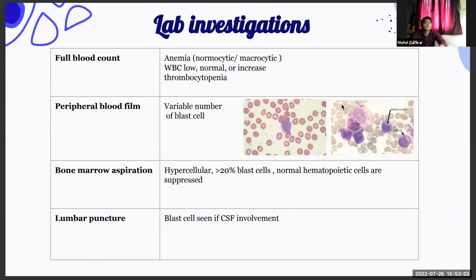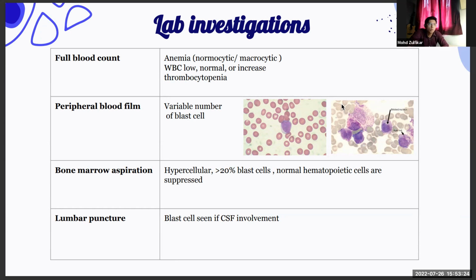So let's discuss the lab investigations that are important to help us diagnose leukemia. The first one is the full blood count. In the full blood count, there will be anemia, either normocytic or macrocytic type.